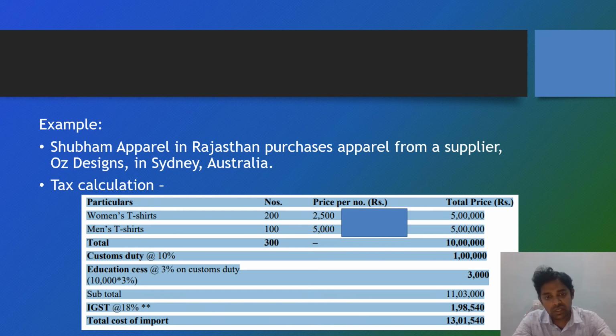The custom duty is 10%, that is 1 lakh, and education cess is 3%, that is 3,000, is added. So the subtotal comes to 11 lakhs 3,000. Now on that IGST of 18% is added, that is 1,98,540, and the total cost of import for all the apparel is 13 lakhs 1,540.